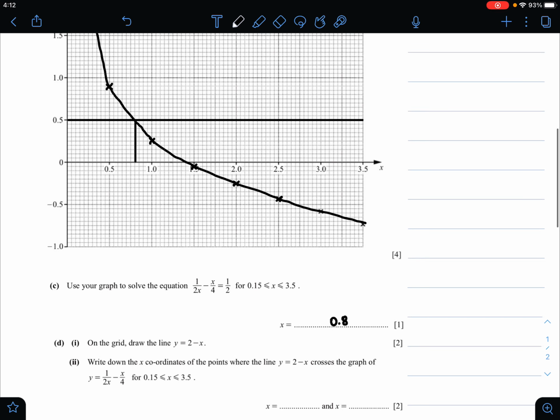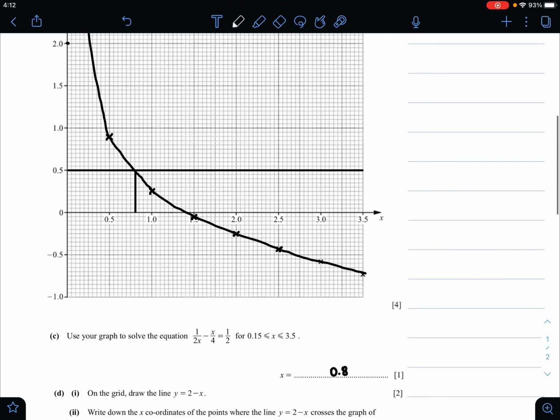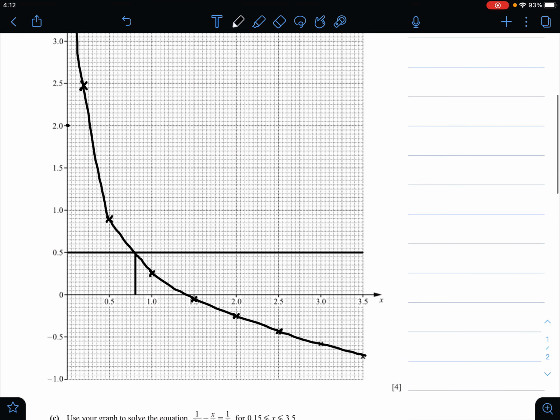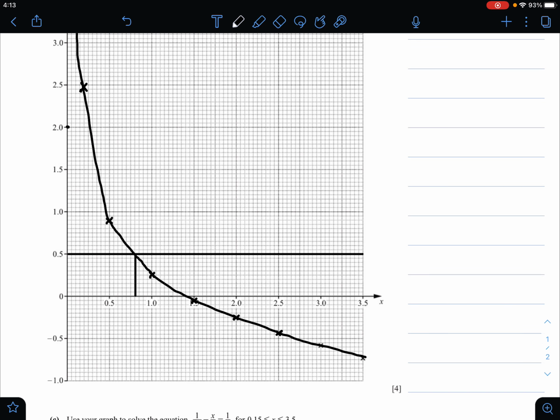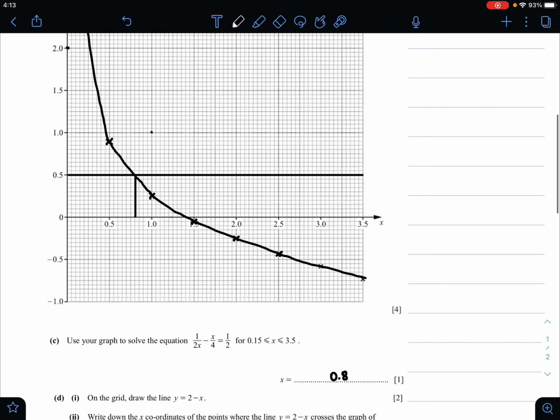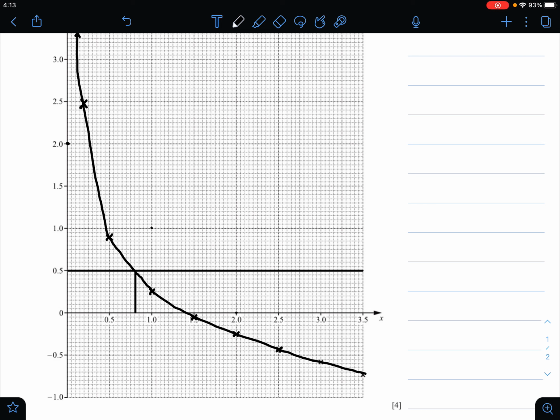If x is 1, y would be 1, because 2 minus 1 is equal to 1. That would be right here. And when x is 2, y is 0. That point would be right here. Now all you need to do is join these dots and you will have your line y equals 2 minus x. Then you just extend it.